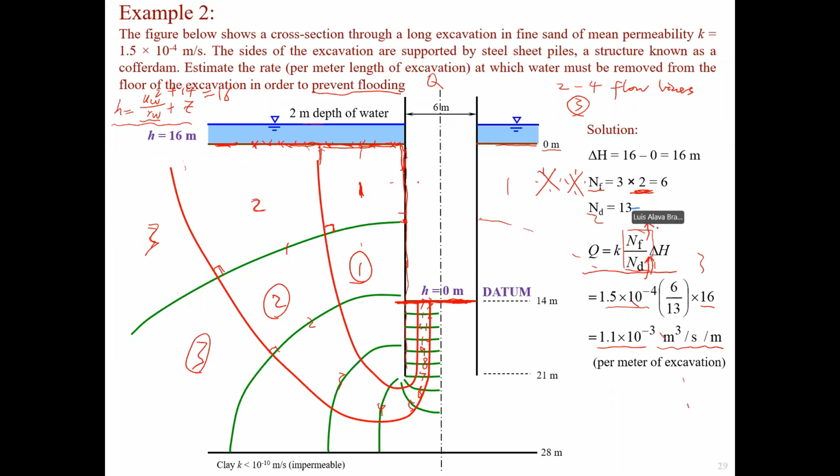Excuse me, sorry. If you take into consideration the other side, why do you take into consideration ND too? Because ND is the head drop. So you see, either from this side, the right-hand side or the left-hand side, it will be the same. So the right-hand side will be 13 as well. But don't you have to multiply by 2, because it's like you take into consideration both sides?